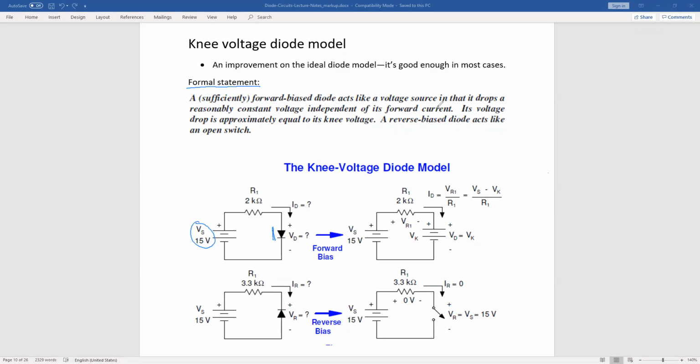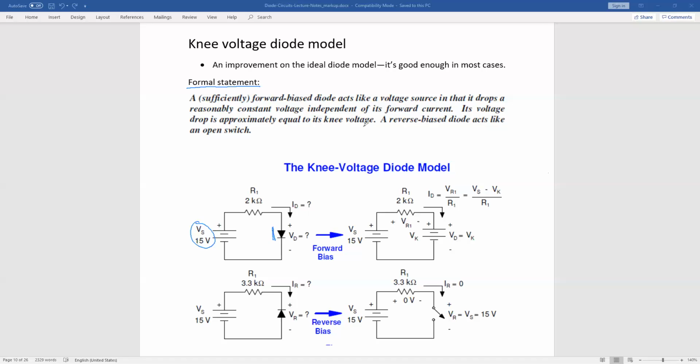So whatever current is flowing through it, it's going to drop a consistent voltage value, which is what we were observing in the lab, where the diode voltage maintains about 0.7 volts, regardless of what voltage we apply and what current is flowing through it.